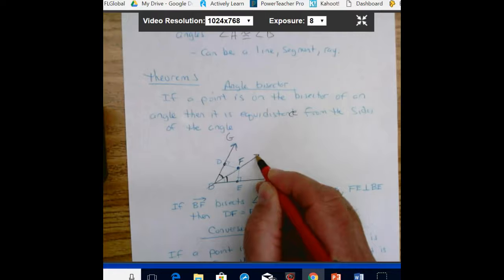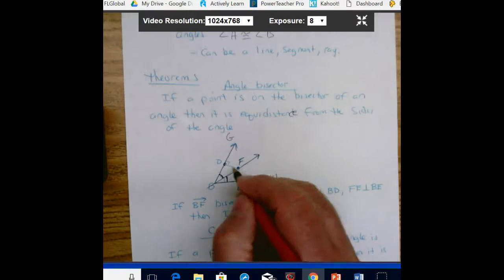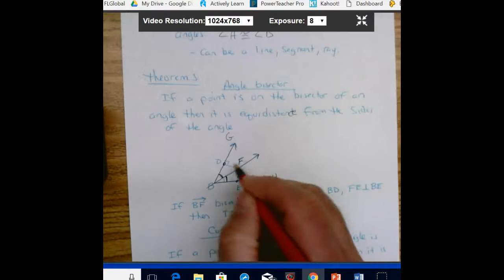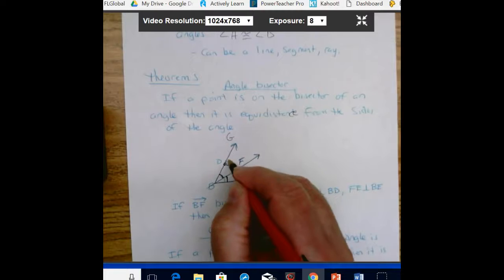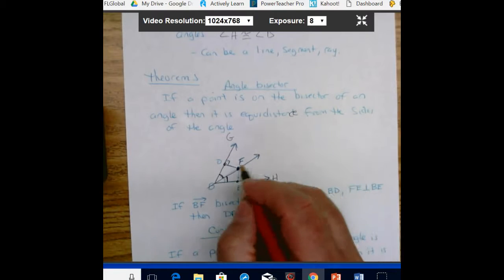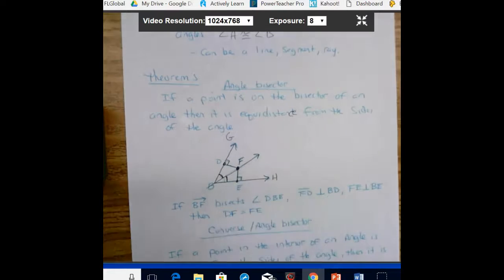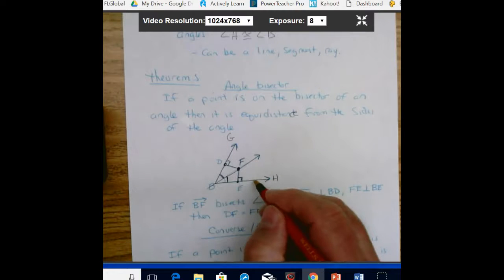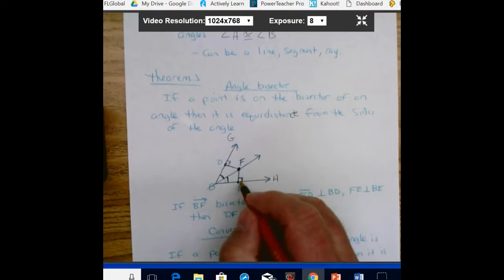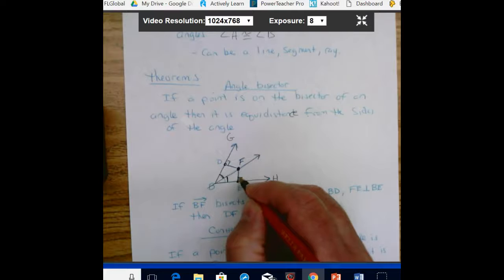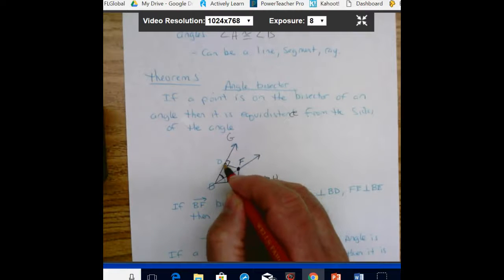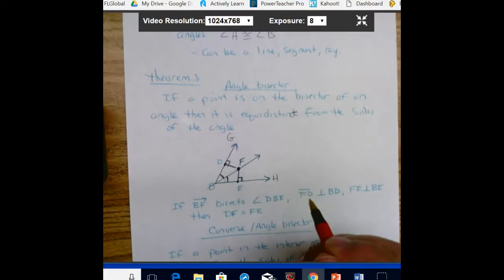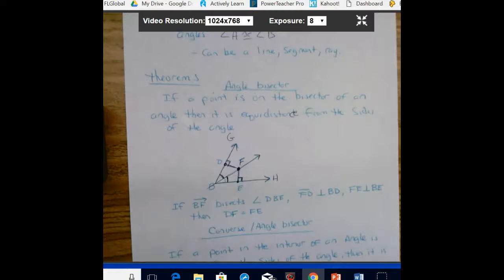And then if we put a point on this line, and draw perpendicular lines from this side of the angle and from this side of the angle, making sure that they're perpendicular, they can't be slanted this way or this way. It has to be the shortest possible line, the shortest perpendicular line. We can say that these are equal to each other.